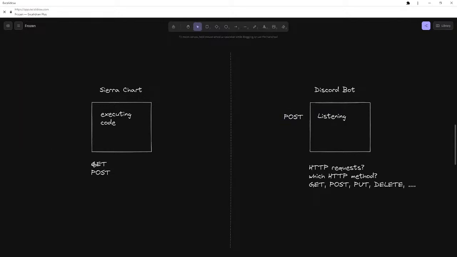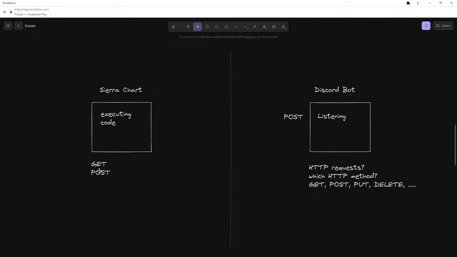Just as a quick primer for those who aren't familiar, get calls typically are without a payload. You are typically just hitting an endpoint. You can attach something called query parameters to it, where you can pass small tidbits of information.